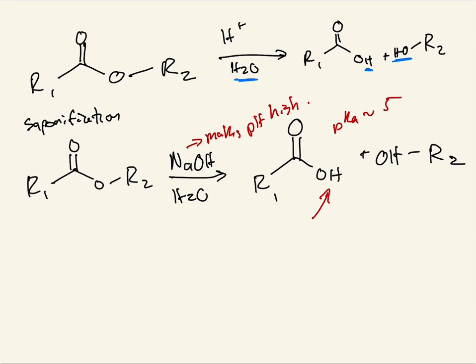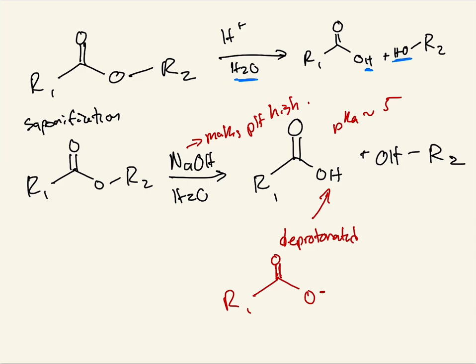We have base in the solution, which means that the pH is going to be about 13, or up to 13 potentially. So what does that mean for the protonation state of the carboxylic acid? It should be deprotonated. Is that where you get the carboxylate ion? Yeah, that's how we get the carboxylate ion, right? So this O minus O should look like that.